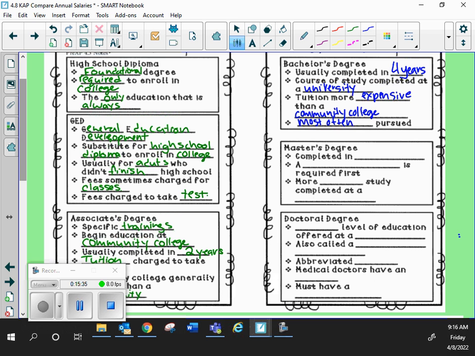Next is the master's degree. A master's degree is sort of like an extra step. It's like your bachelor's plus a little extra. A master's degree is completed anywhere from 1 to 3 years, depending on the master's degree you get. If y'all have been to Miss Rudd, you know who Miss Rudd is. She's the teacher who teaches half 6, half 7.